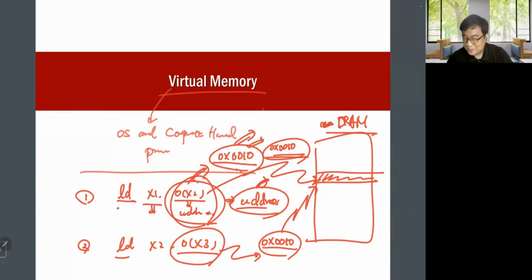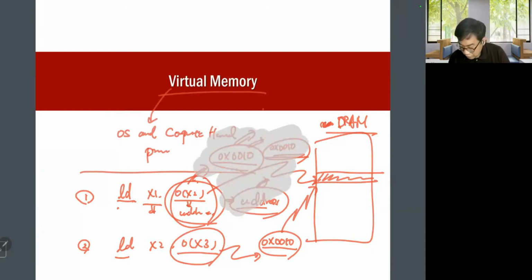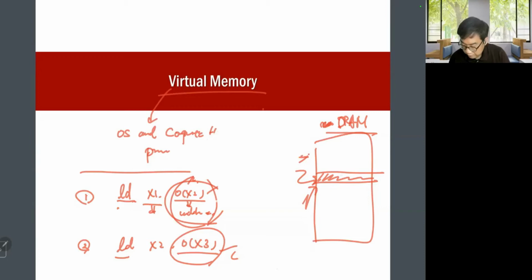But that is not possible, because the compilers do not know about the target systems. So what does that mean? Actually, the operating system and computer hardware provide another abstraction level called virtual memory.